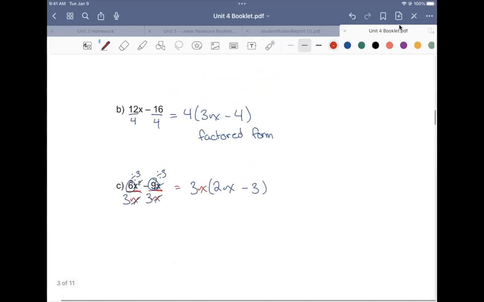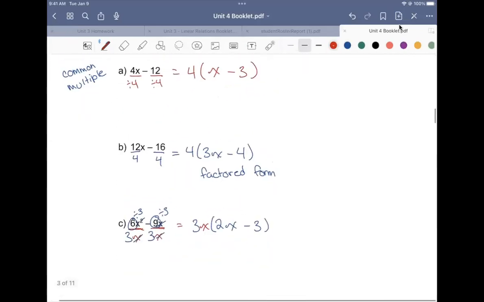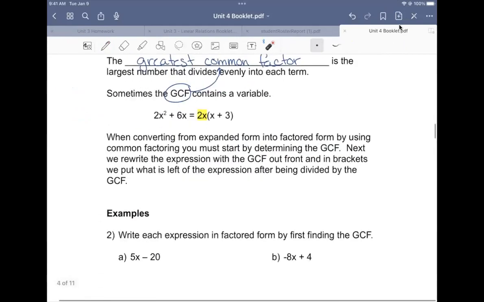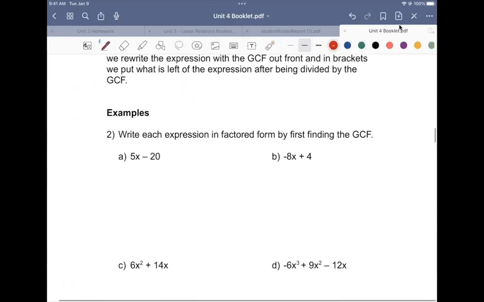You could see though that if I don't ask specifically for the greatest factored form, I could have made each of these divisible by something other than 4 as well. For instance, on this one I could have done 2, on this one I could have done 2. So if we take a look here, the greatest number divisible by both 5x and negative 20, our greatest common factor, we could say, is 5.